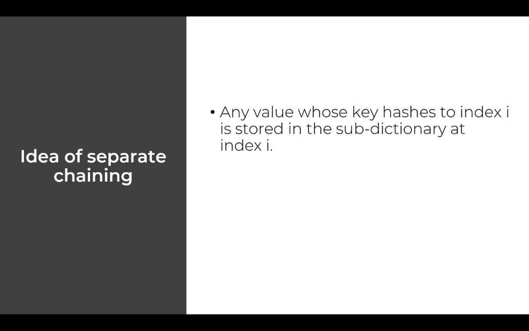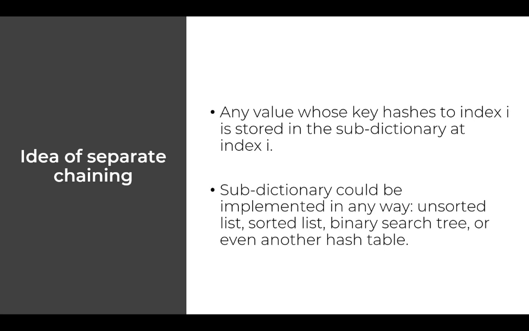The idea behind this principle is that each cell of the array stores a subdirectory. Any value whose key hashes to index I is stored in a subdirectory at index I. Subdirectories could be implemented in any way, for example, unsorted list, sorted list, binary search tree, or even another hash table.